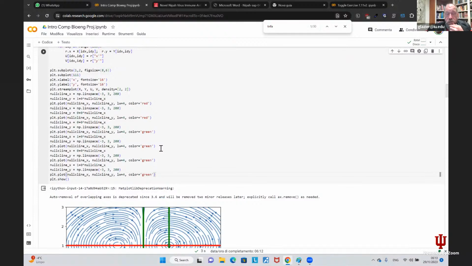Does everybody get this to work, or are people still working on it? Again, I realize the first few times you do this, it's tricky. The reason we're doing these repeated exercises is so that you have a chance to gradually work up the complexity of the problem.